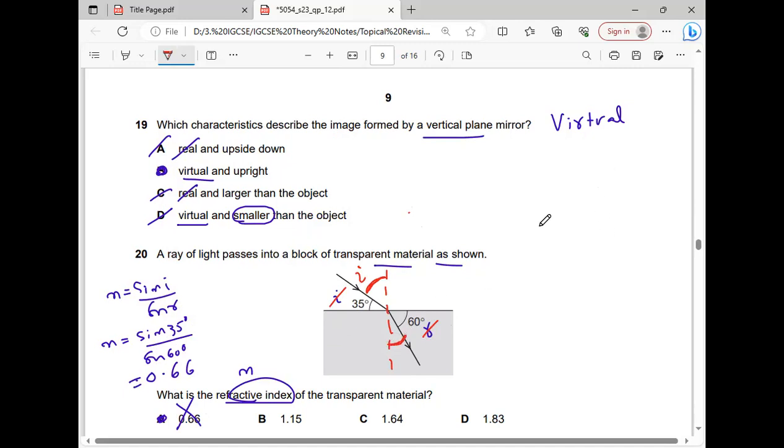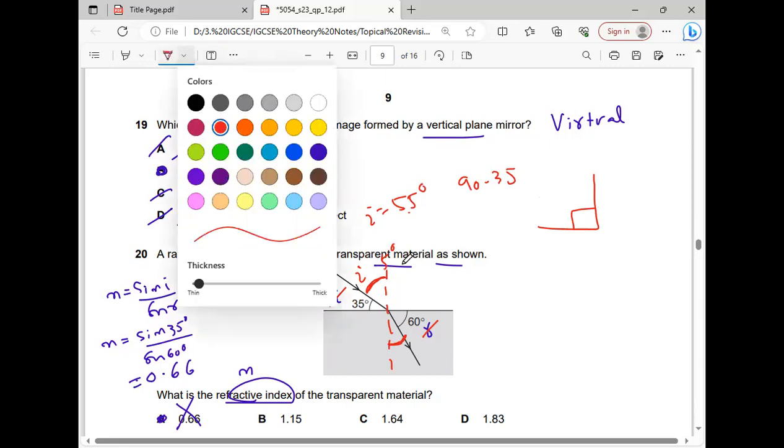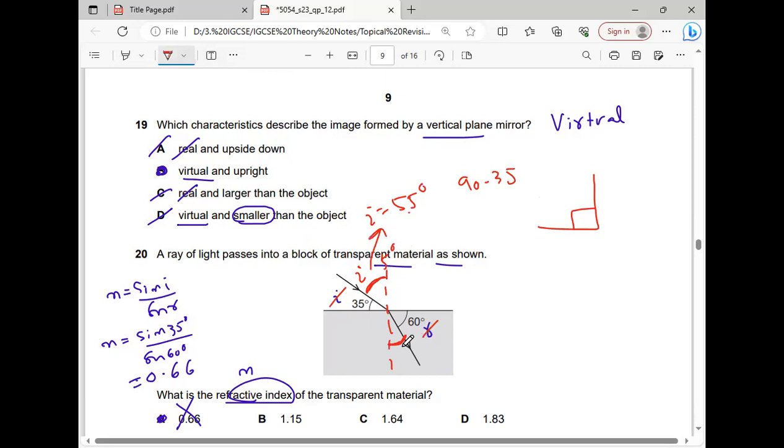Total angle, we know that total angle is 90 degrees, so 90 minus 35 will be equal to 55 degrees. So angle of incidence is equal to 55 degrees, and angle of refraction 90 minus 60 is equal to 30 degrees.